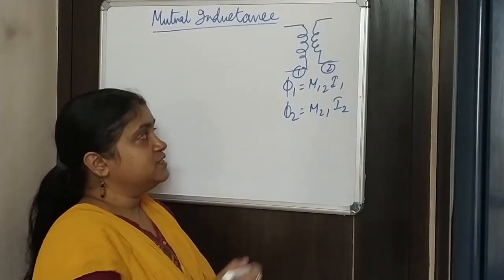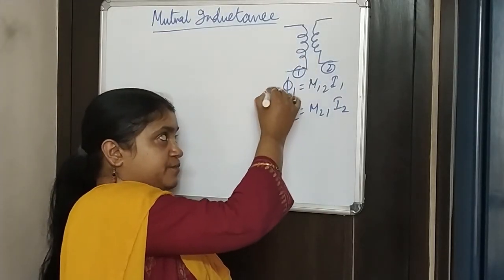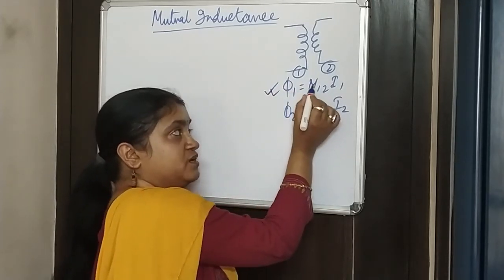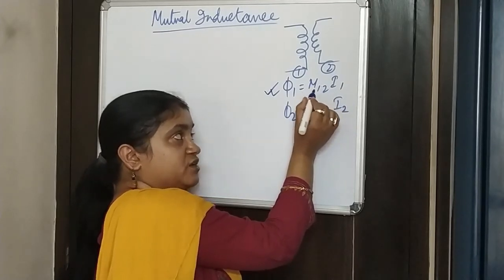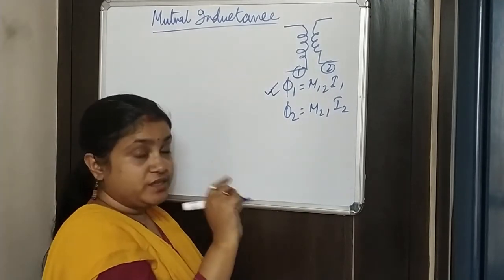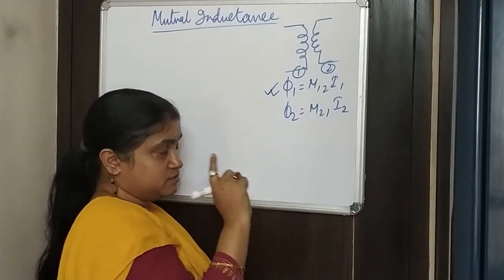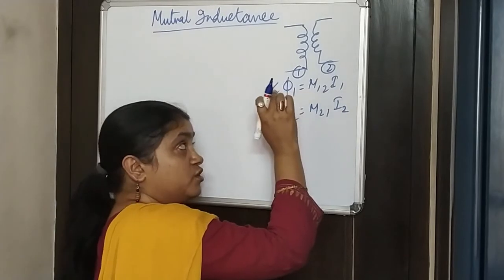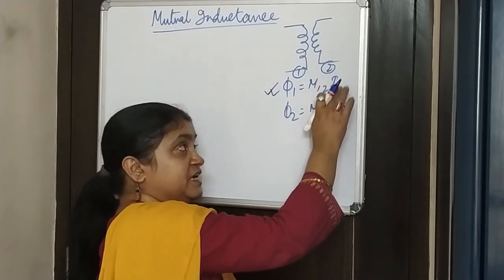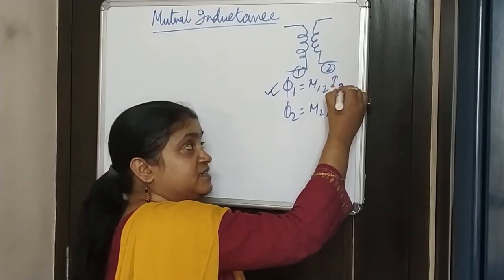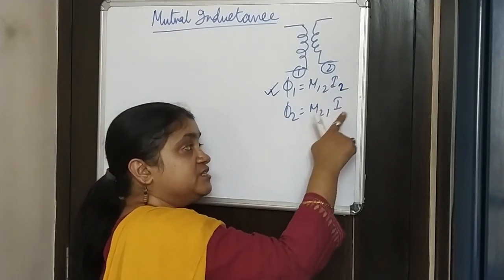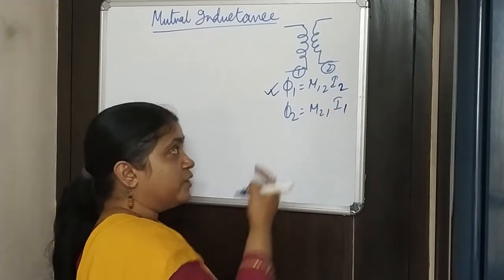As we have said, in mutual inductance phi1 will be M12 in the primary coil due to the secondary coil. There is one thing we need to keep in mind. The flux in the primary coil is due to the current in the secondary coil, whereas the flux in the secondary coil is due to the current in the primary coil.